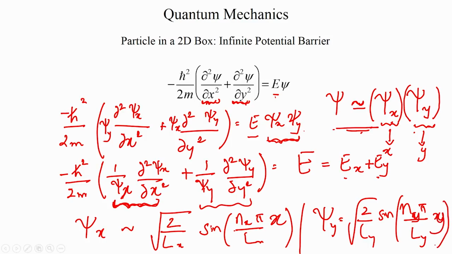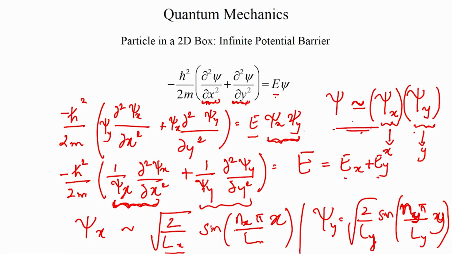So this is psi x, it depends on the length of the box in the x direction, and on a quantum number or an integer nx. And on this side you have psi y depending on the length of the box in the y direction and another quantum number or integer ny to satisfy all the boundary conditions.